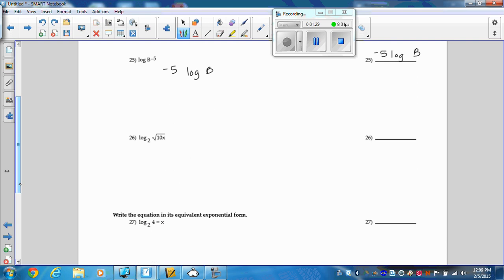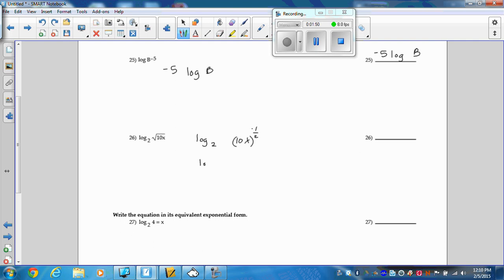26, we're going to do all of this to the square root. So it's going to be log base 2 of 10 x to the 1/2. And both of those terms are under the radical, so they are both to the 1/2 power.